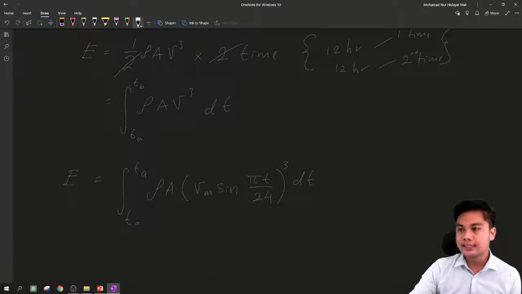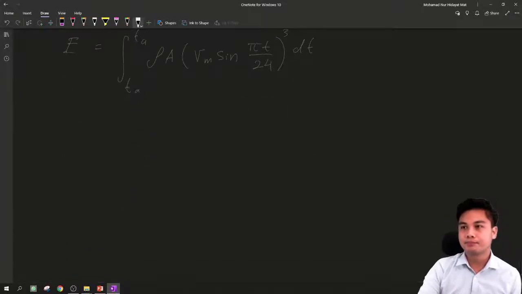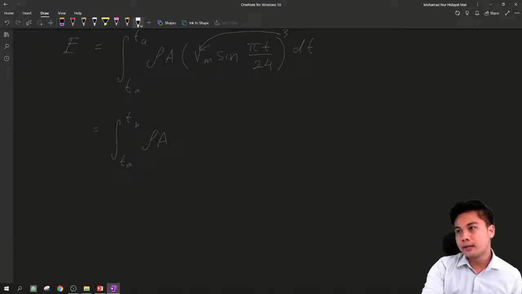And then we shall expand further. From time A to time B, rho A multiplied with this one, we get Vm cubic sine cubic pi t over 24 dt.